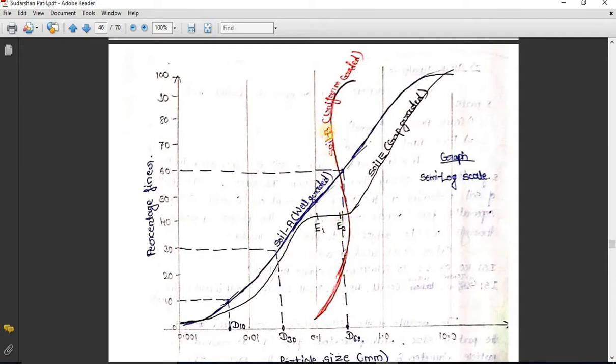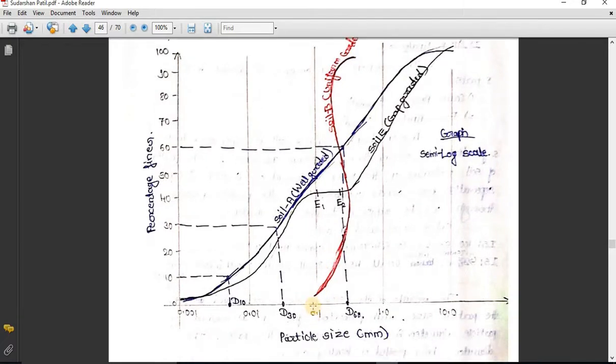So if I take the example of this red curve, you can see it is having particle sizes between 0.1 to 0.15 maximum. So 0.1 to 0.15 in between this. So what does it indicate? It indicates that the particular soil sample has all the particles in a uniform manner.